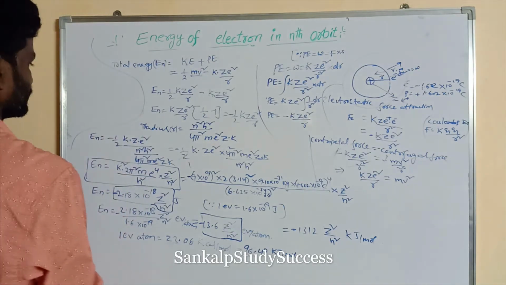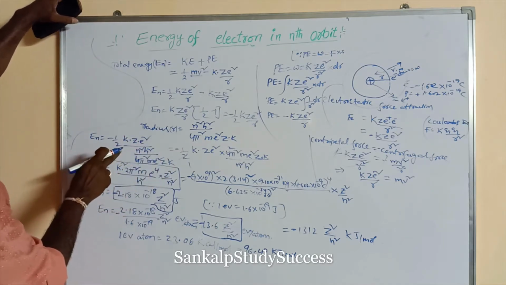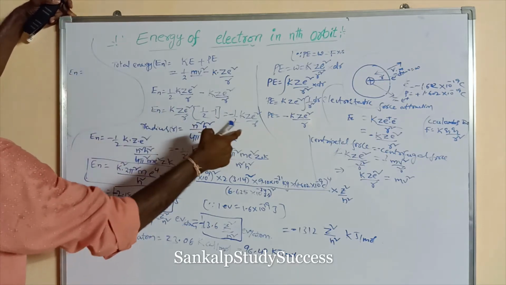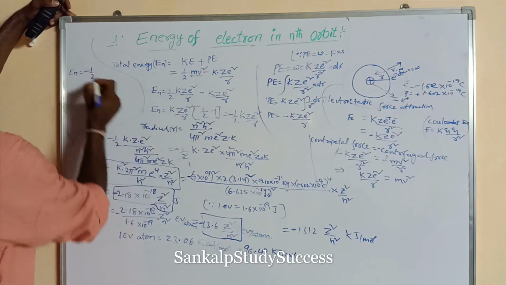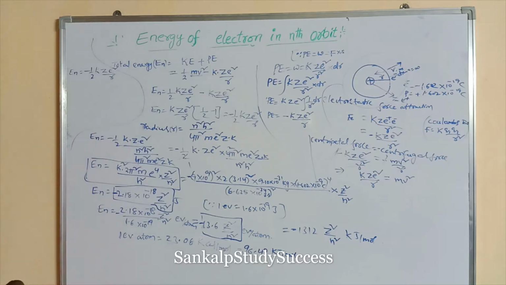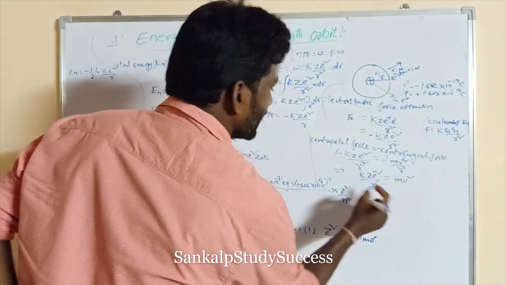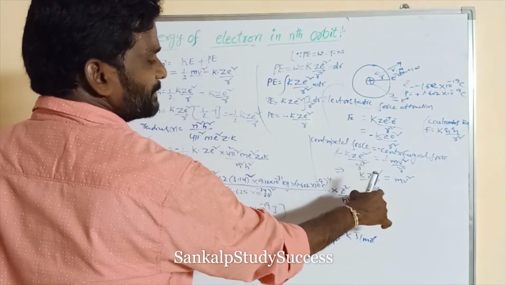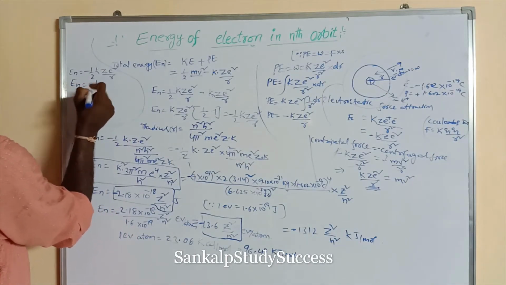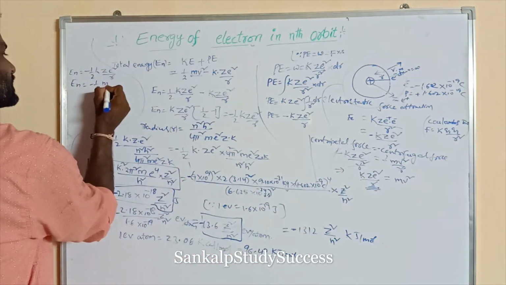We know that total energy En is equal to minus 1 by 2 k into Z square by R. We know that k into Z square by R is equal to mv square. So En is equal to minus 1 by 2 k into Z square by R, and k into Z square by R can be written as mv square.